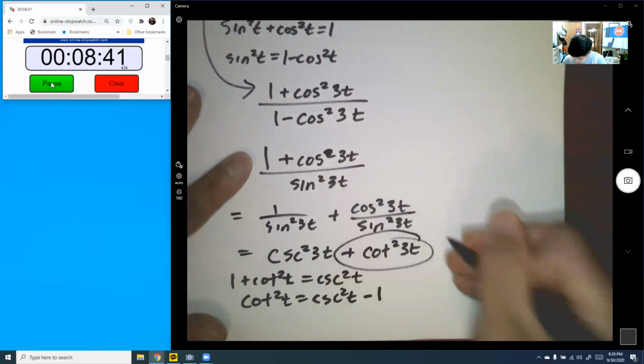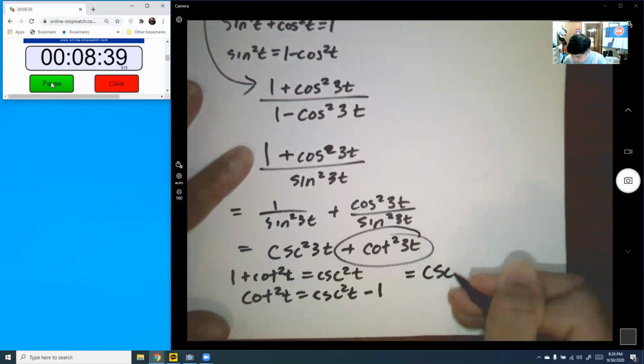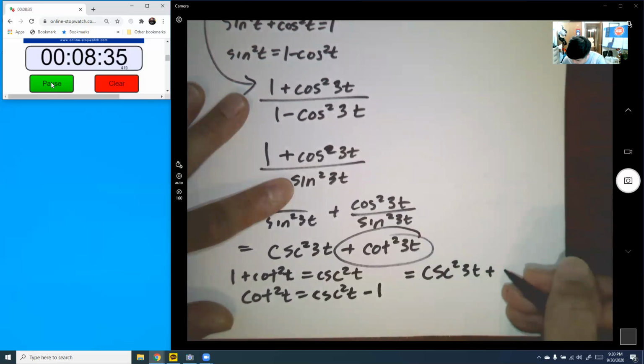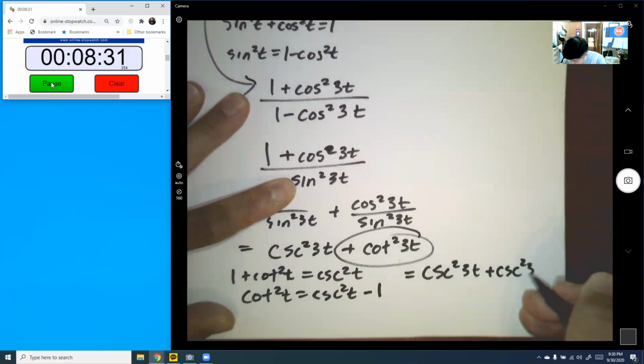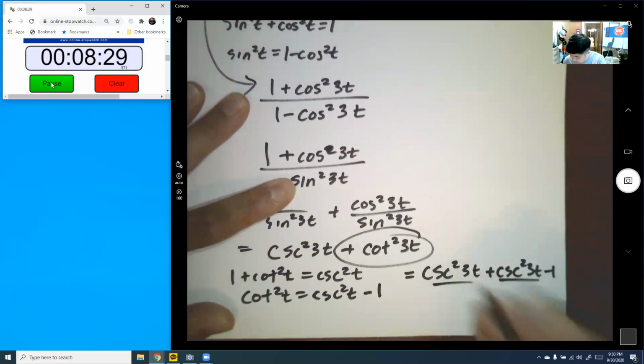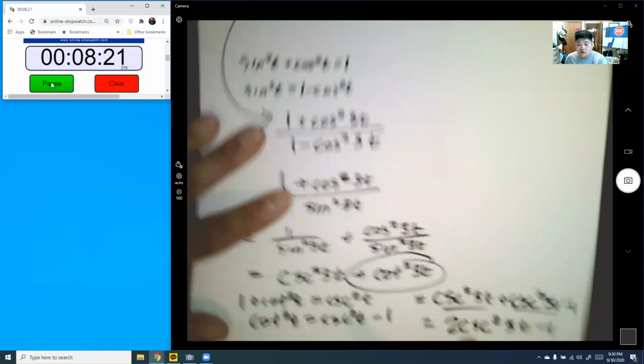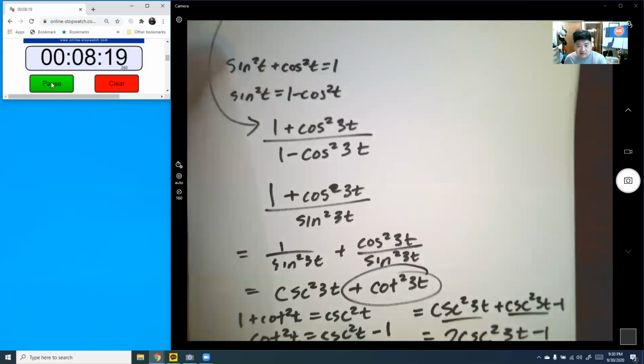So this is now cosecant squared 3t plus cotangent squared 3t, which is cosecant squared 3t minus 1. Then I'll combine like terms. So this is now 2 cosecant squared 3t minus 1, which is now verified. 2 cosecant squared 3t minus 1.